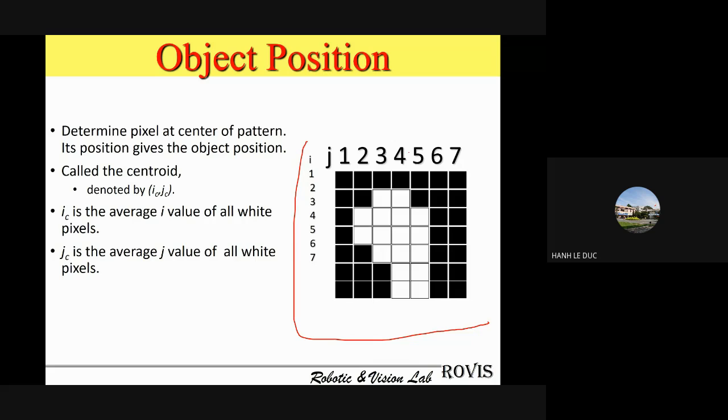How to calculate it? Okay, so first I explain the image. J here is the coordinate of the pixel, the column coordinate, and this one is the row coordinate. This one is 1, 2, 3, 4, 5, 6, and this is 7.